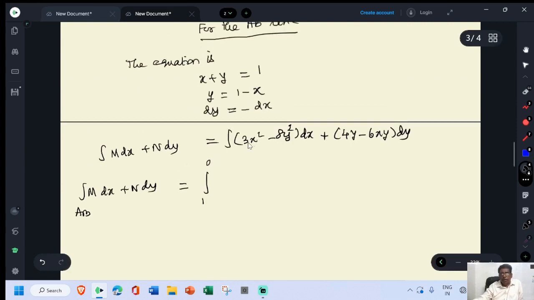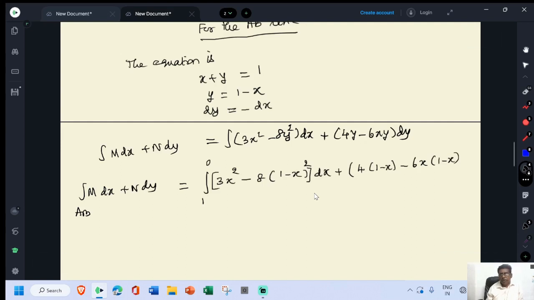Now in the above equation, instead of y we put 1 minus x: 3x square minus 8 into (1 minus x) whole square, multiplied by dx, plus 4 into (1 minus x), instead of y we put 1 minus x, minus 6x into (1 minus x), because y equal to 1 minus x, into dy. dy is minus dx here.